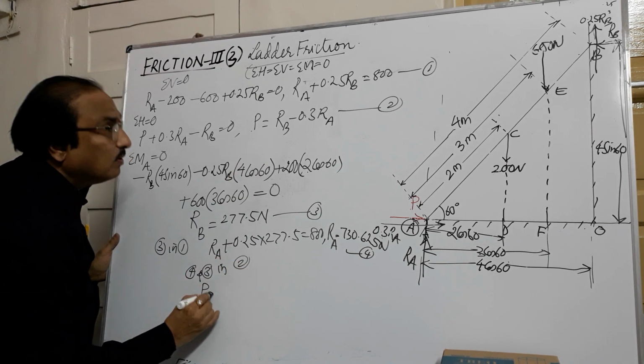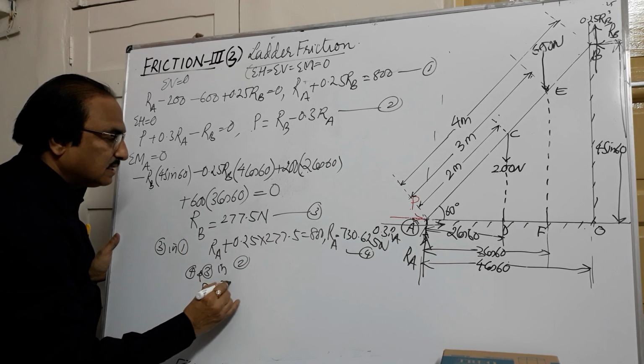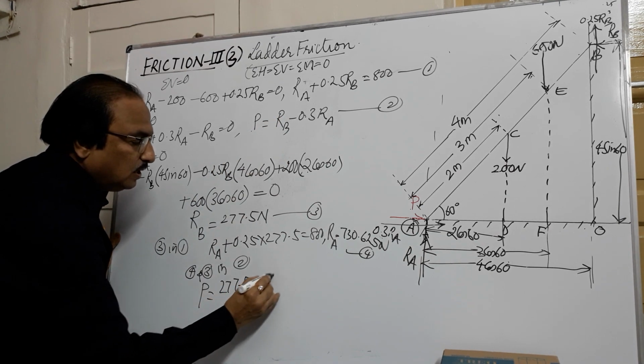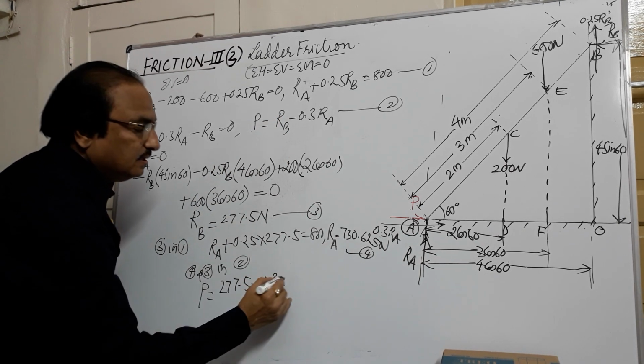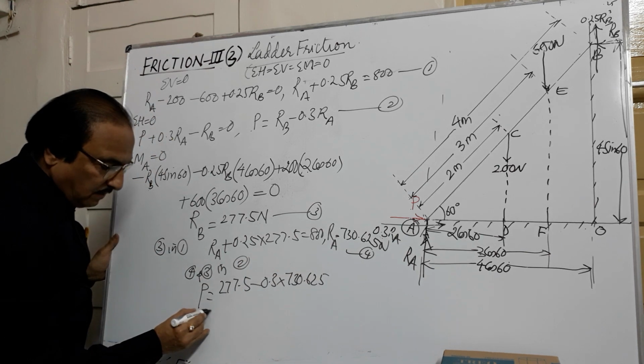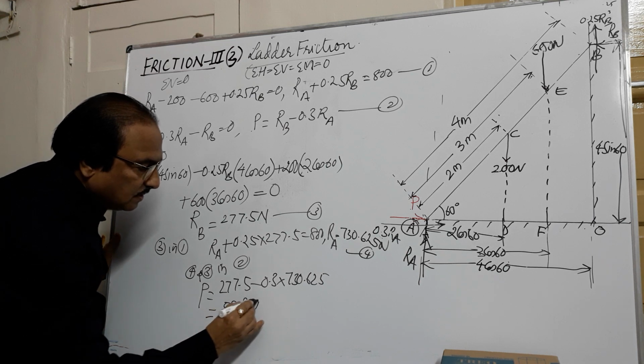So P will be equal to RB, which is 277.5, minus 0.3 into RA, which is 730.625. You get the value of P is equal to 58.31 Newton.